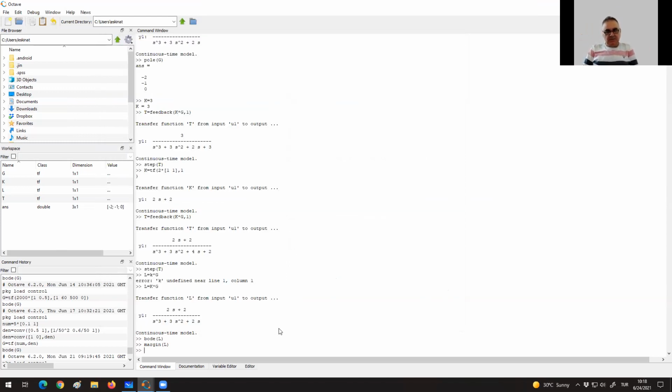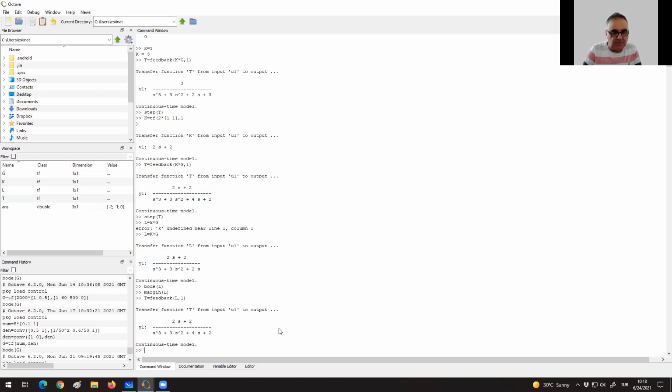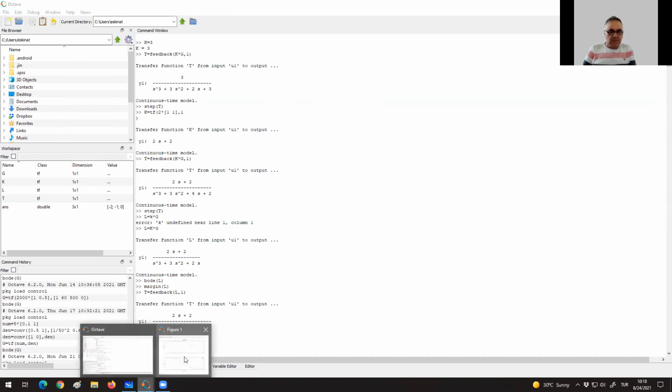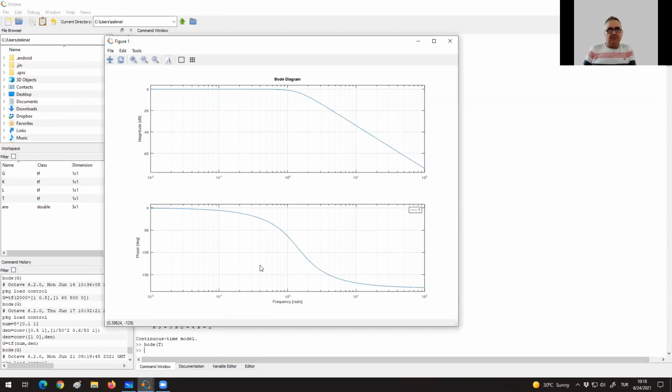Then we can look at, for example, the T transfer function. As we said, it is the feedback of L with unity feedback. This is our closed loop transfer function. If we plot the Bode plot of T now, we can see the peak resonance and the bandwidth.